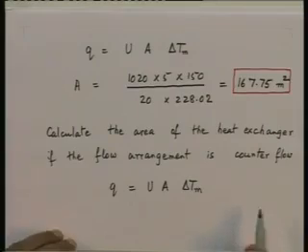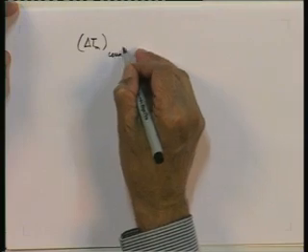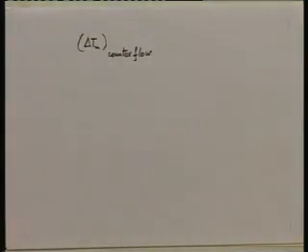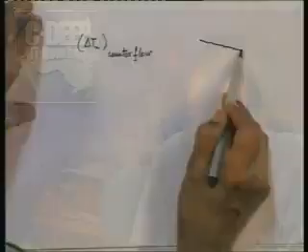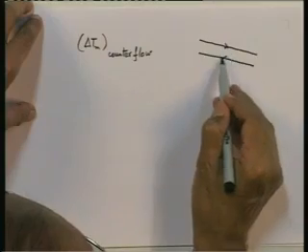So, what is delta T m in counterflow now? Let us calculate that. Delta T m in counterflow would be, notice this is a case of counterflow with m dot h C P h equal to m dot c C P c. Notice that. Therefore, in this case, the temperature profiles on the two sides are going to be parallel lines like this.